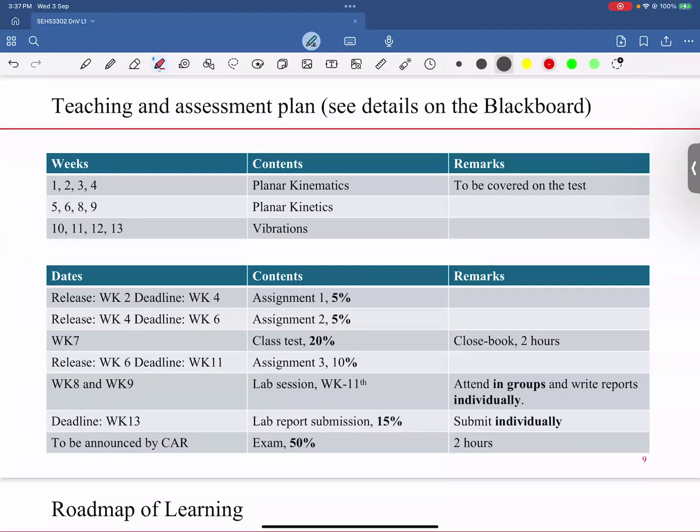Okay, and our teaching plan. I'll use 4 plus 4 plus 4 weeks, right? 4 plus 4 plus 4. And first 4 weeks, we talk about the kinematics.